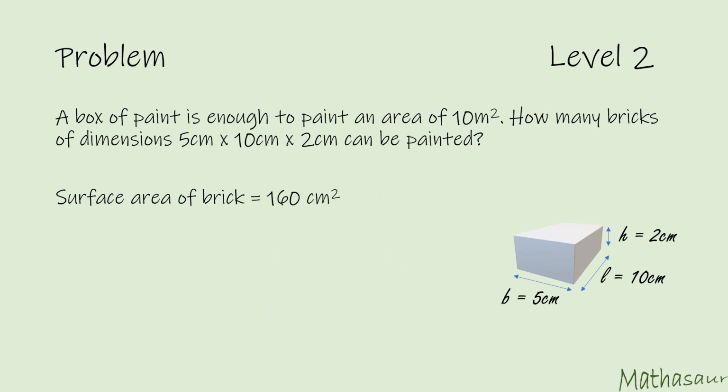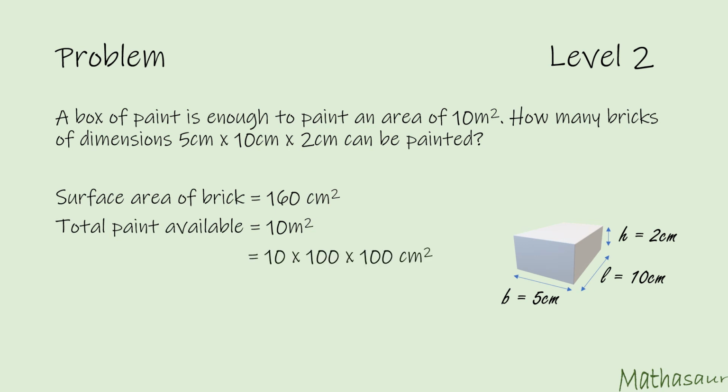We get 160 centimeters square as the surface area of a brick. Now the total paint available is 10 meters square. Let us convert this into centimeters square. So I get 1 followed by 5 zeros, or 1 lakh centimeters square.